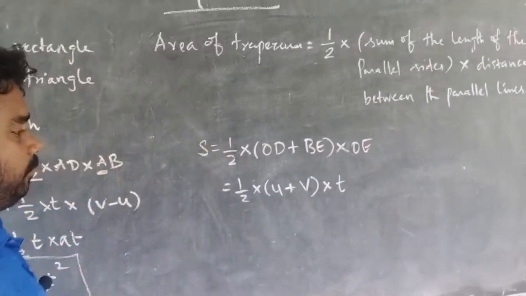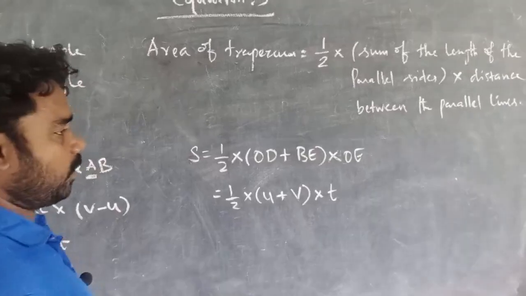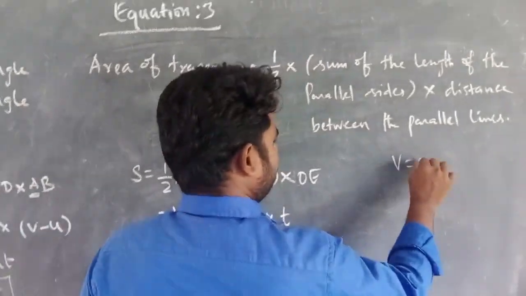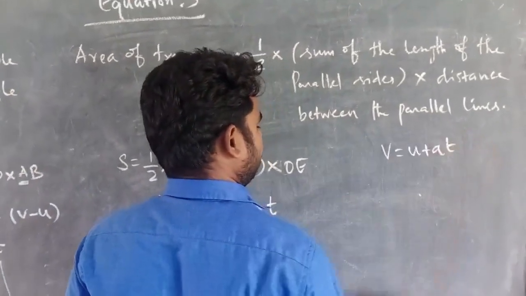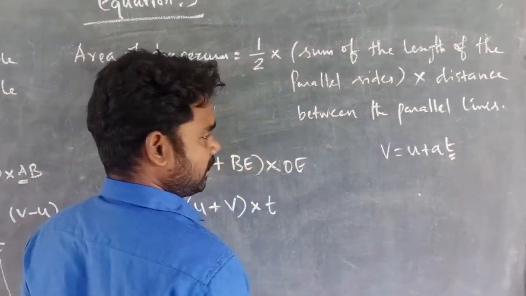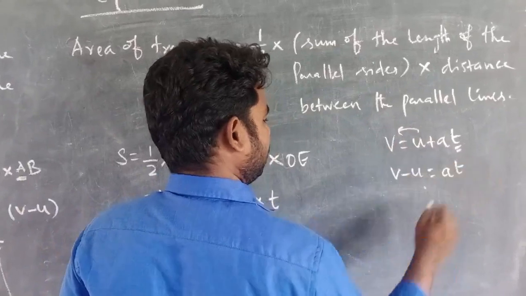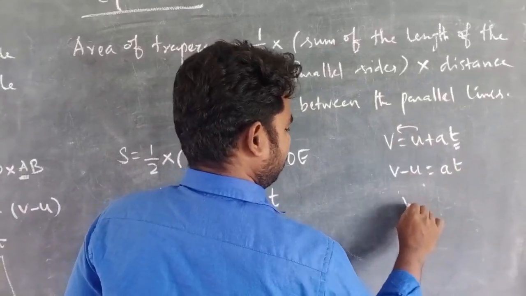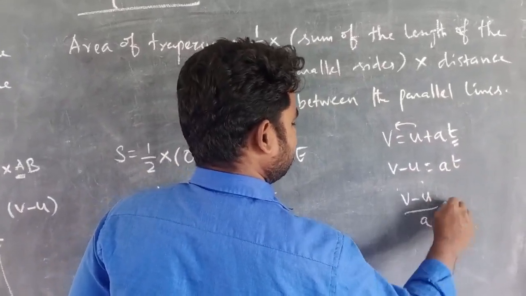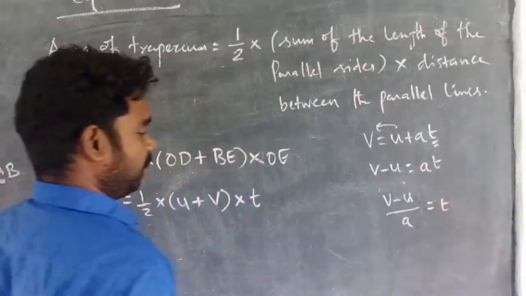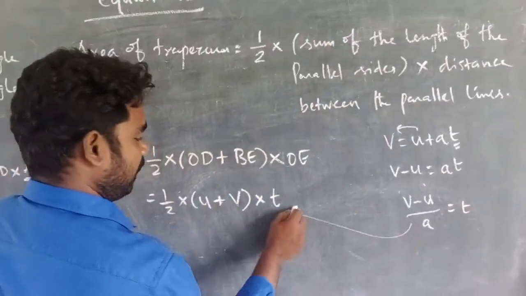Value of OD is U and value of BE is V and value of OE is T, with the use of that graph. Okay. You know one thing, V is equal to U plus AT. Here we have to find the value of T first. So we can have V minus U is equal to AT. Then V minus U by A is equal to T. So this is the value of T. We can substitute the value here.